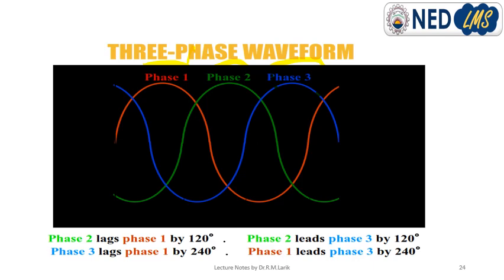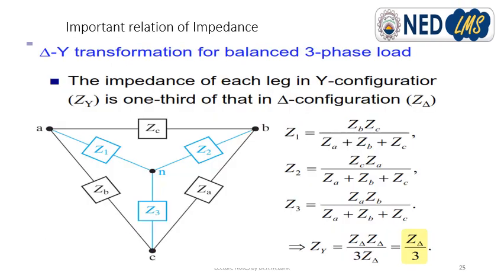Now we move towards the three-phase connections, as I've told earlier also. For the three-phase connections, the possible combinations are star and delta. And there is a transformation you have already learned in your course, Basic Electrical Engineering, BEE: delta-Y transformation and Y-delta transformation.